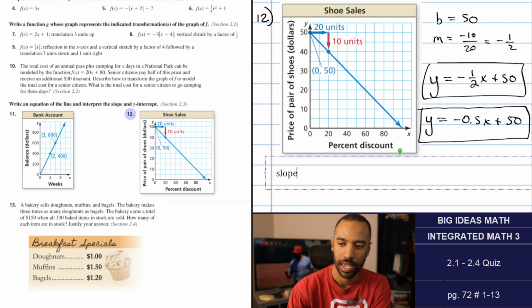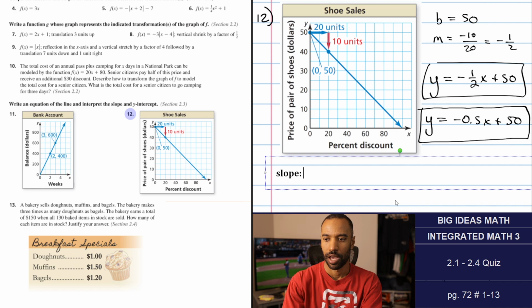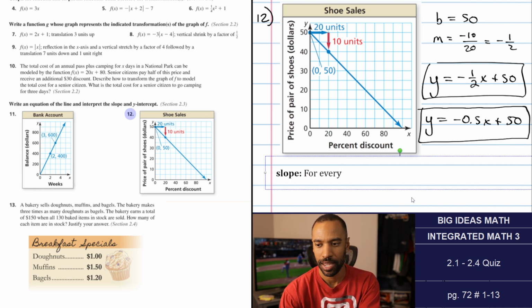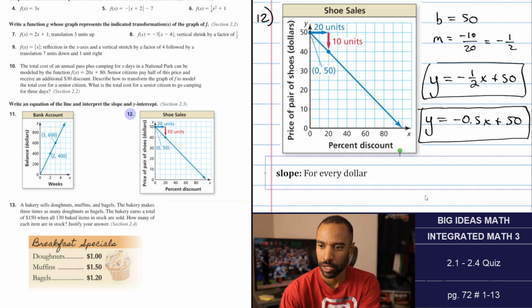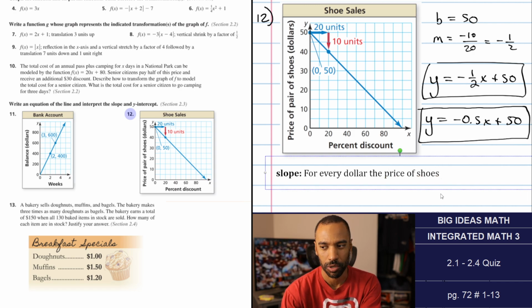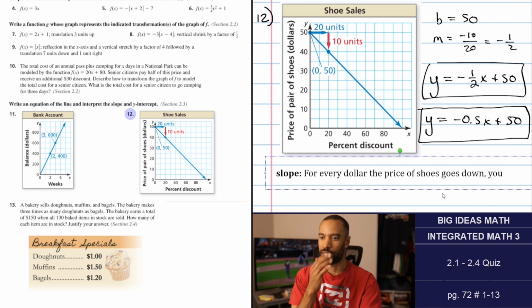So the slope interpretation can either be, for every dollar, I'm going to do the fraction one first. For every dollar, the price of, let's see, the price of shoes goes down. Let's see.